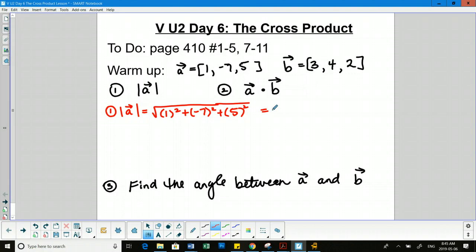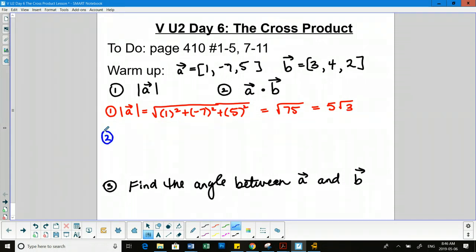We will express that as a simplified radical if possible. So in exact form, what'd you guys get? Yes. Yeah, so you end up getting root 75, which we can split into 25 times 3, and then take the square root of the 25 part, which gives us 5 root 3. Okay?